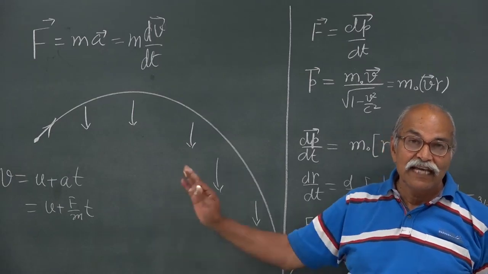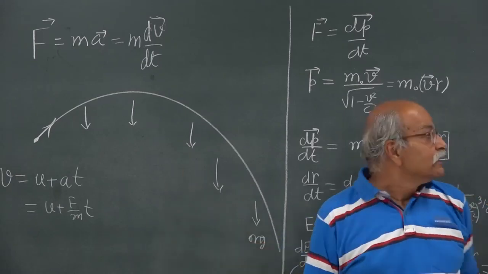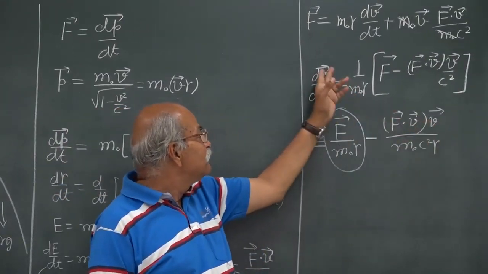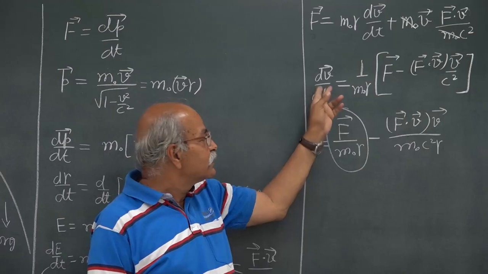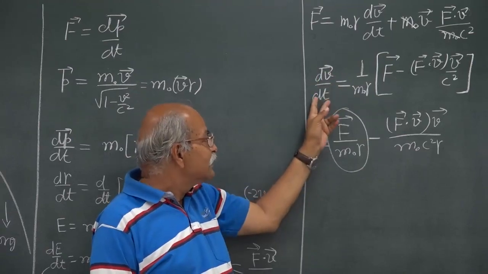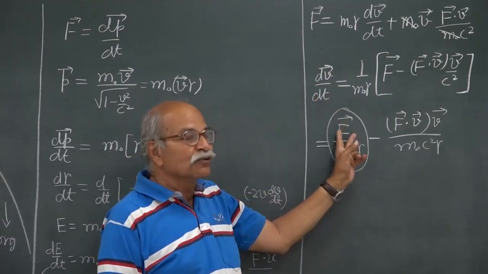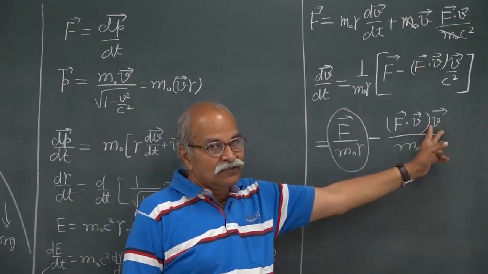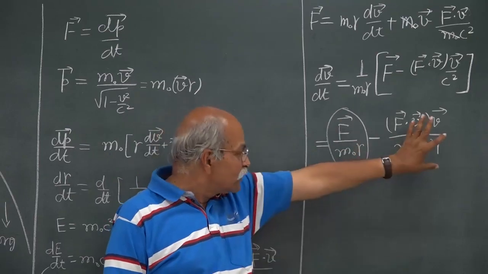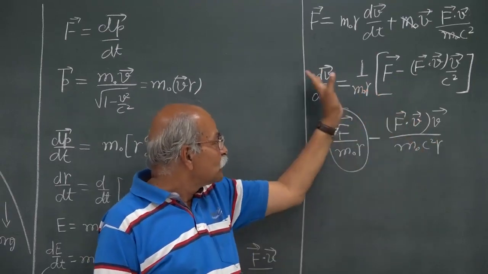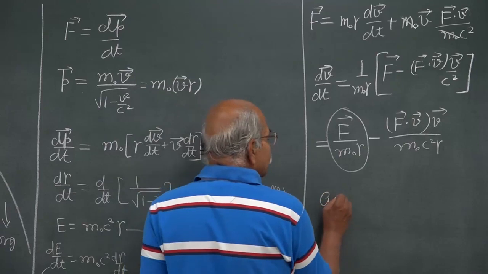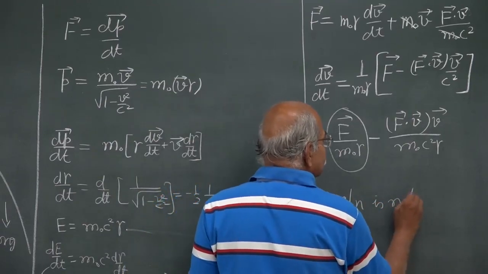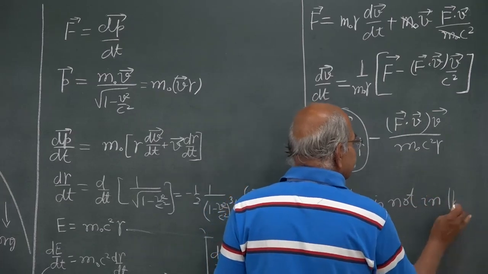In Newtonian mechanics, F and a are parallel to each other. So, if you have v here and dv/dt here, that means acceleration is not necessarily in the direction of force, because this v may not be in the direction of force. So, the first thing we learn is that acceleration is not in the direction of force in general.